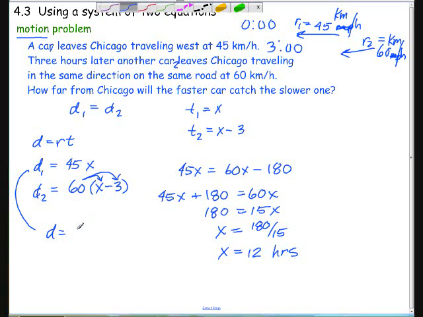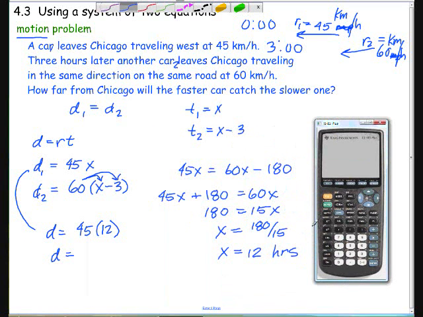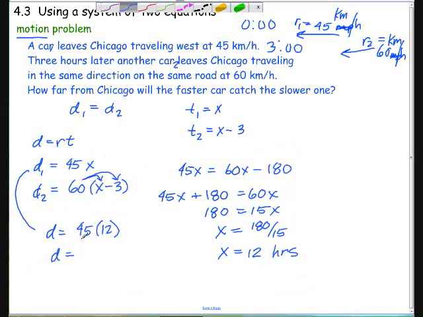The distance is going to be 45 times 12. I'll pull my little calculator over here. Turn it on. 45 times 12. Distance is going to be, in kilometers, 540 kilometers.